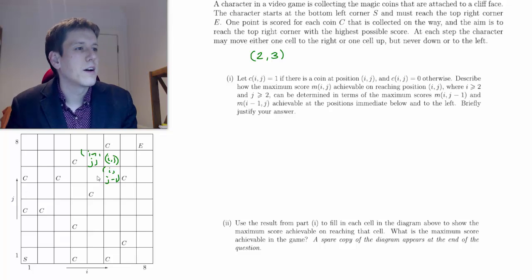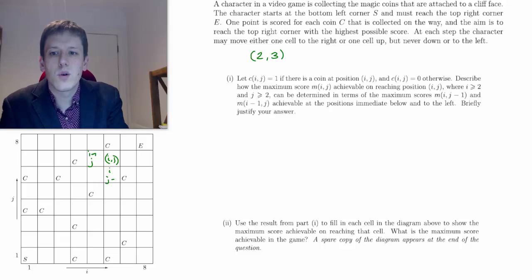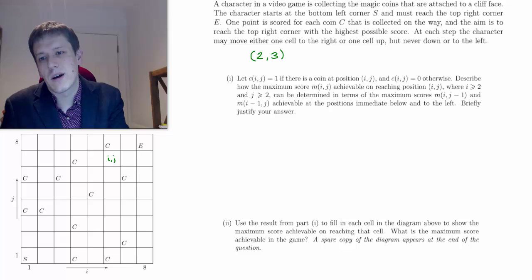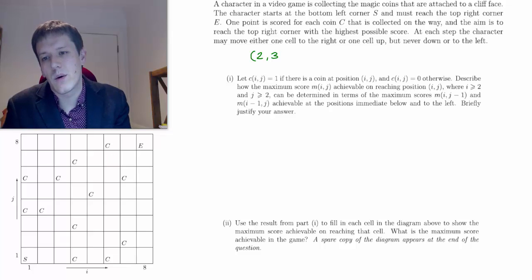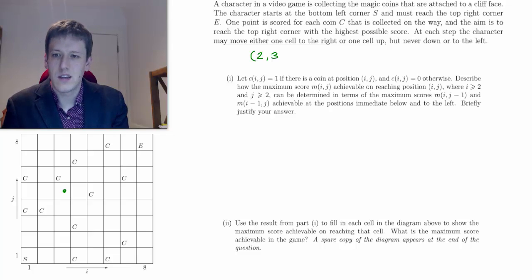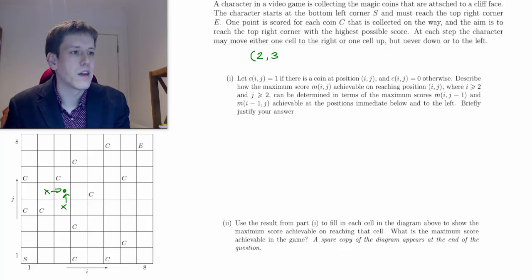It's a bit hard to write the coordinates in here, right? So actually, all I have to do is think about how I go from one cell to the next. So if I was thinking about this cell here, the maximum score here is really just whichever is bigger of the maximum score that I can get from here and here, because I must have come from one or the other of those positions to get to this square here.